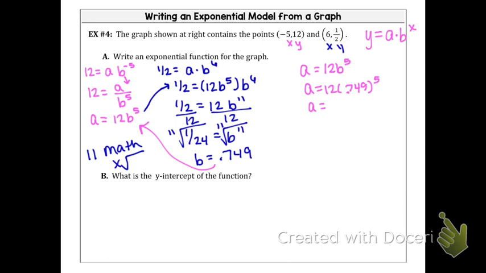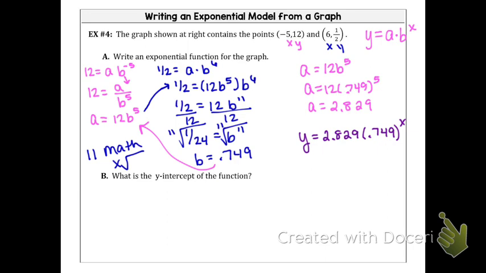And I got 2.829. And so when we go to write our equation, we know our a, we know our b, so we can plug it in. And we get y equals 2.829 times 0.749 raised to the x. And there's our equation.